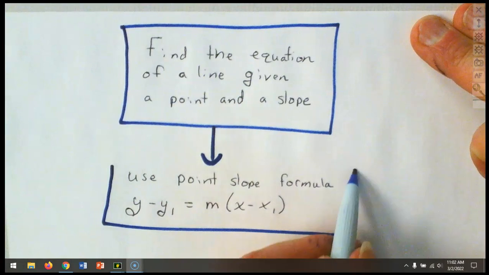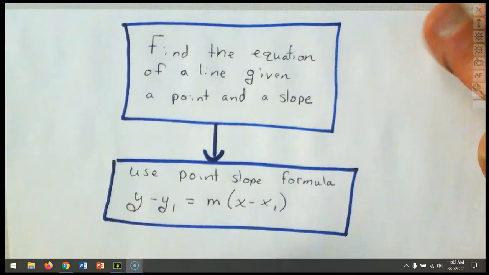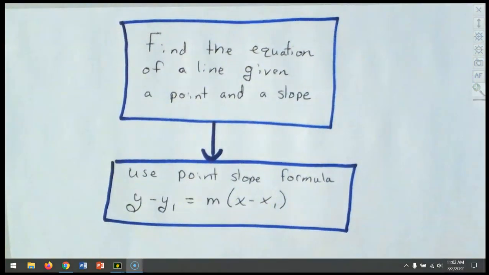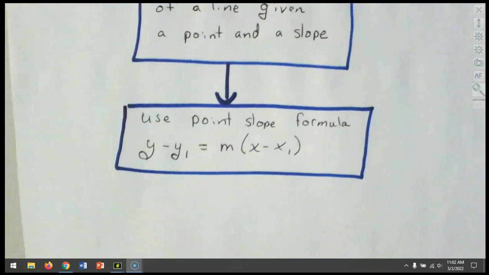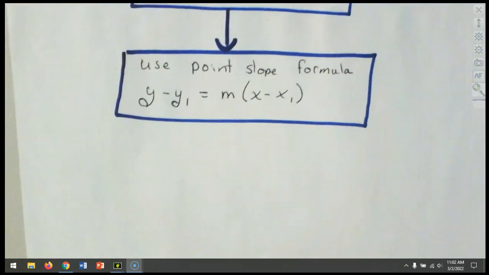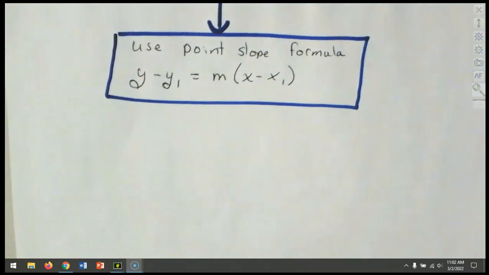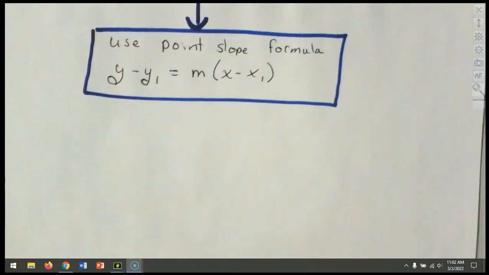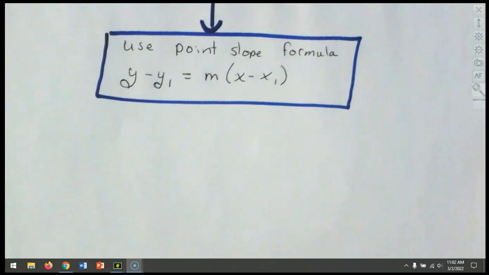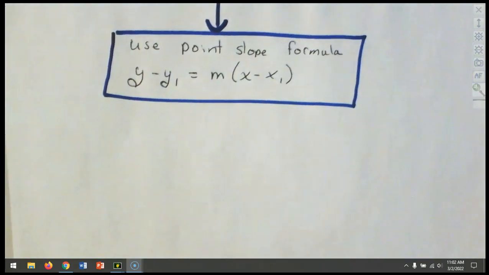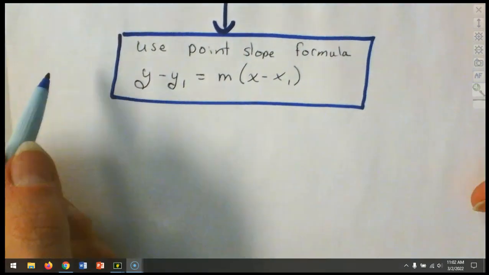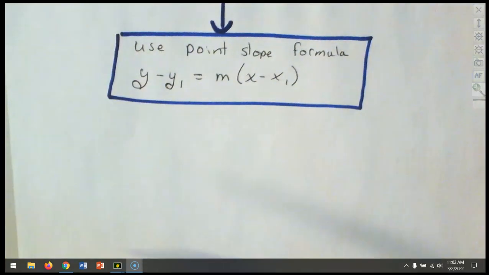And there's different ways of doing these. I think this is the absolute easiest, is to just use the point-slope formula. Now, once we've got it in the point-slope formula, then we have to see how we want to express our answer. And we can either express our answer in standard, or we can express our answer in slope-intercept form.